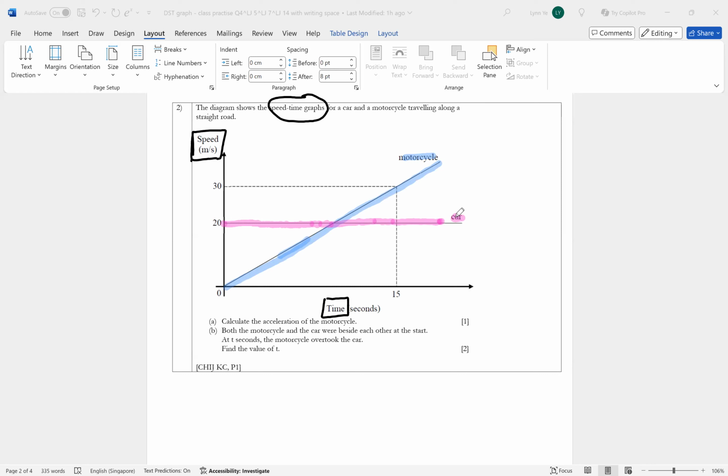So right now, the question says that they want to find the what for question A. So how to find acceleration in a speed time graph? Acceleration in the speed time graph is actually the gradient of the slope. So of the motorcycle, which is the one in blue. So go and do that now and let me mark.